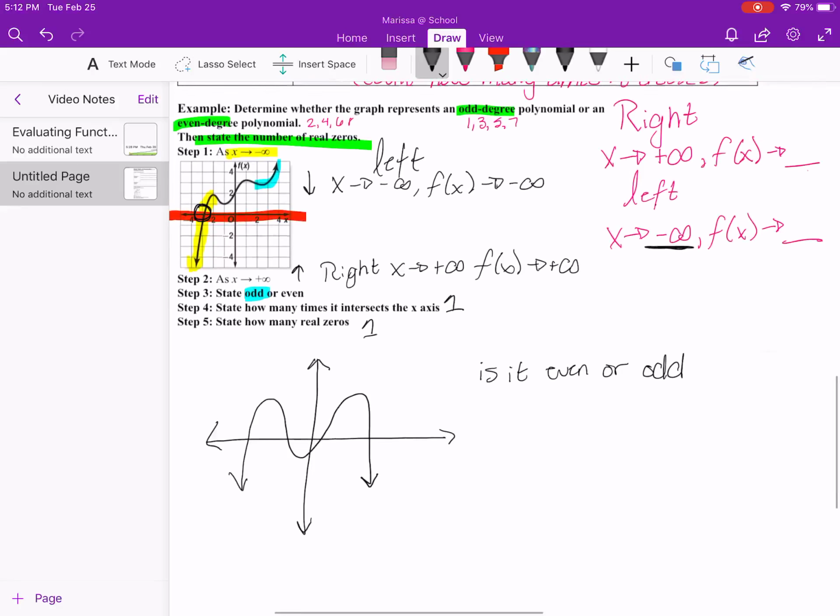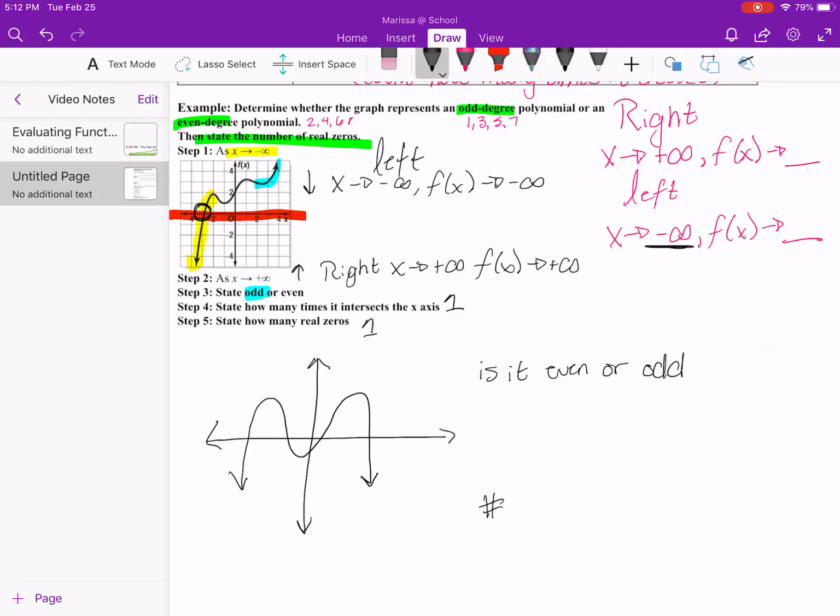And I want to know the number of real zeros. Most important thing right now is I just really want to know, is it even or odd? I'm really worried more about the end behavior than the real zeros right now because we're going to do more with that next week. So we can start with the real zeros.